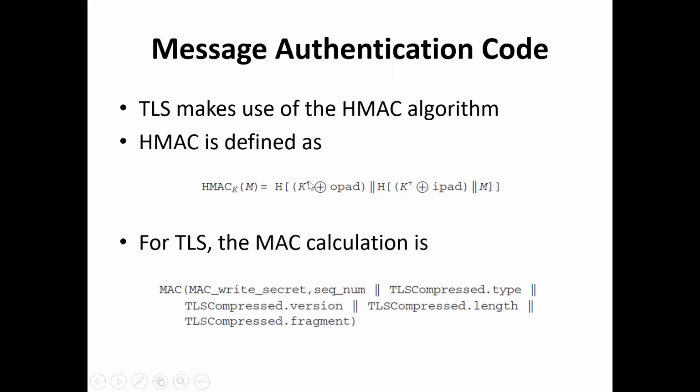Then XOR with OPAD. OPAD is what? Byte sequence 0 1 0 1 1 1 0 0, that is 5C in hexadecimal. It is repeated how many times? 64 times, that is 512 bits here.